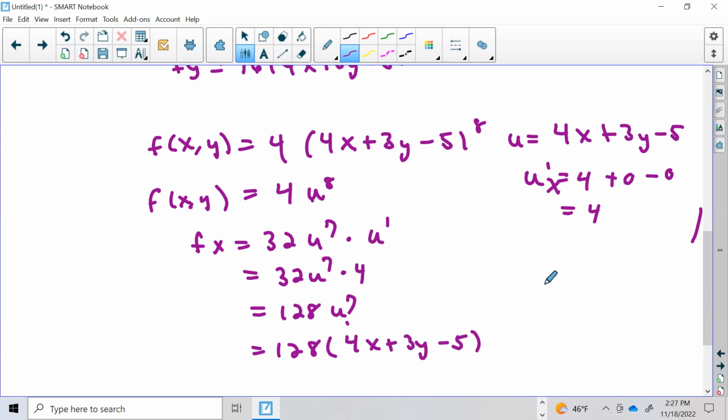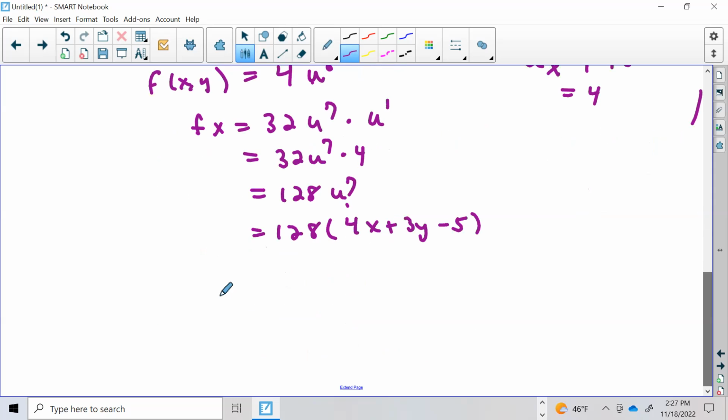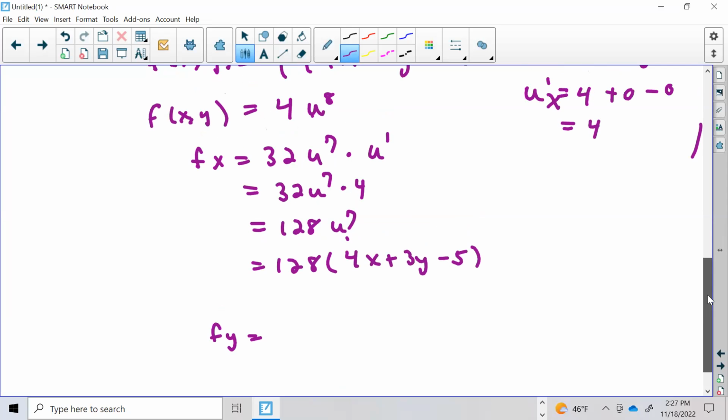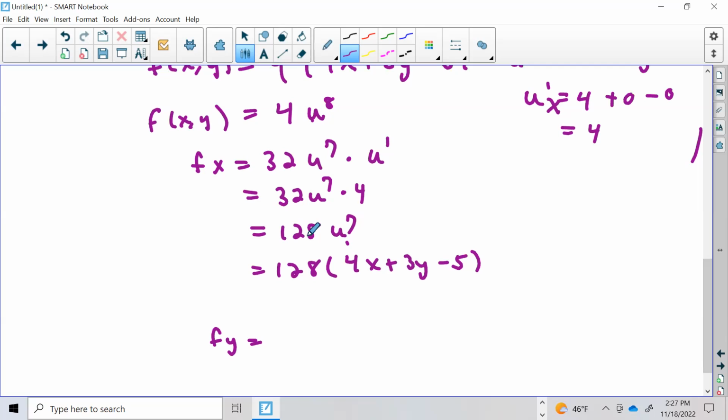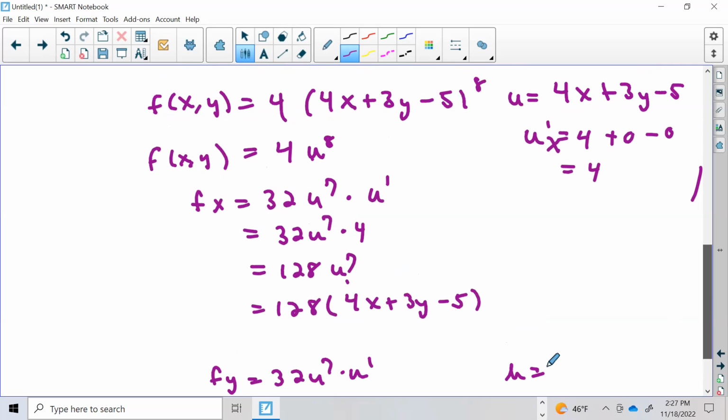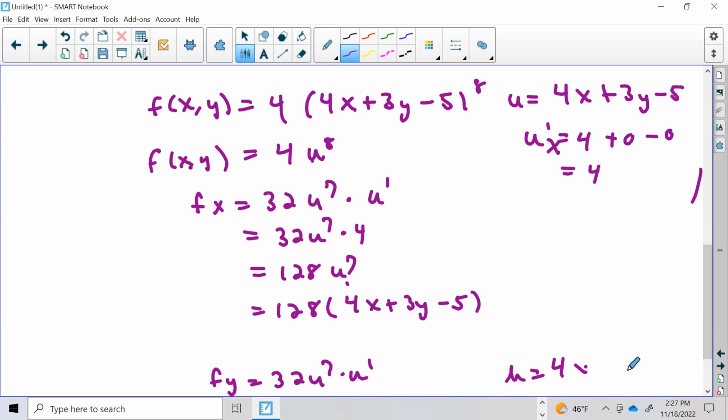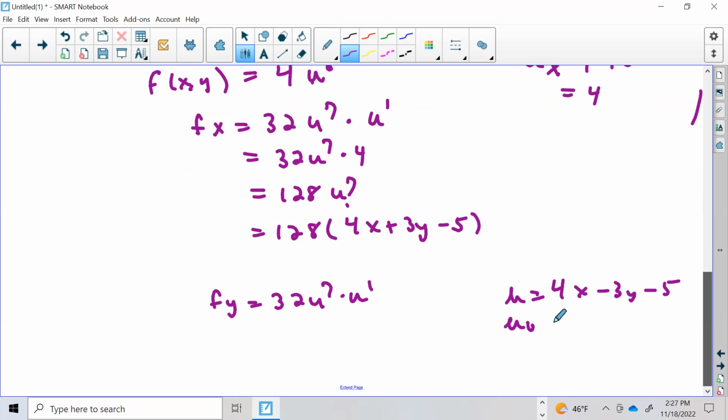Okay. And then if you did the partial with respect to y, it would be the same thing. You would be saying that you're starting with 4u to the 8th, so it would still be 32u to the 7th times u prime, but now your derivative of your inside, so I would say u_y, would just be, this is 0, so negative 3 minus 0, so it would just be negative 3.